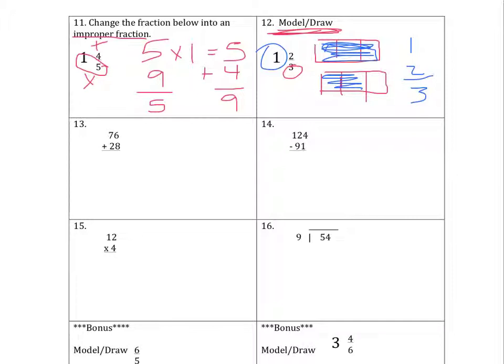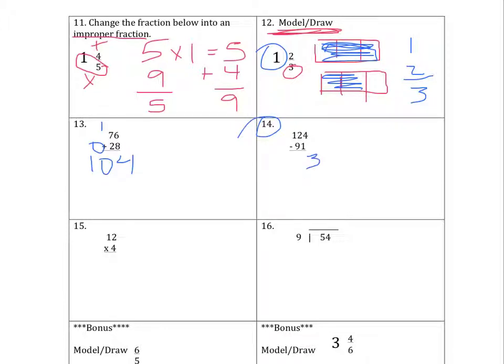Okay, our next one, a lot of y'all, you can use your calculator, but we know that 6 plus 8, we look at our symbol, 6 plus 8 is 14. Do our 4, carry the 1, 7 plus 1 is 8, 9, and 10. 104. Okay, number 14. 4 minus 1 is 3.